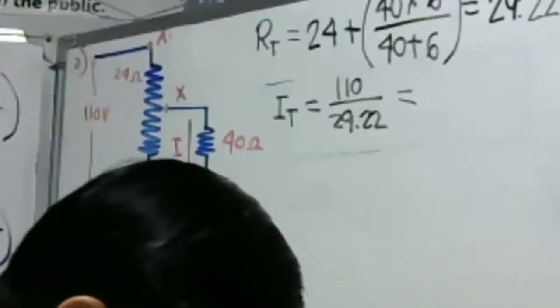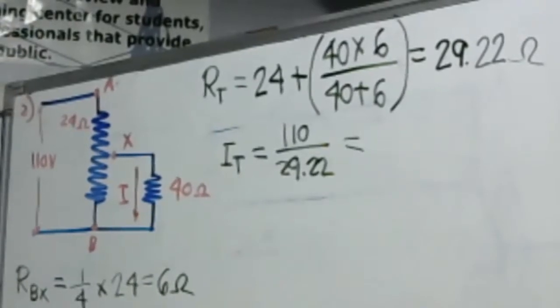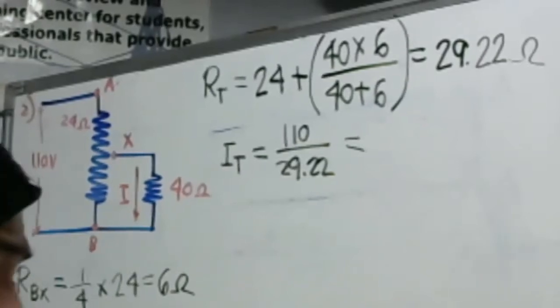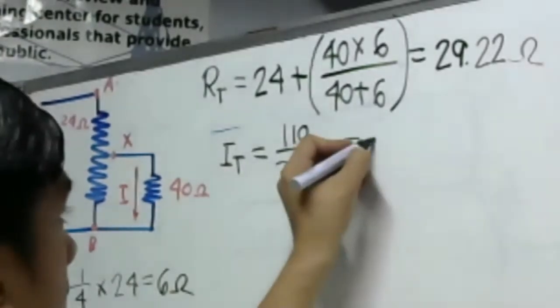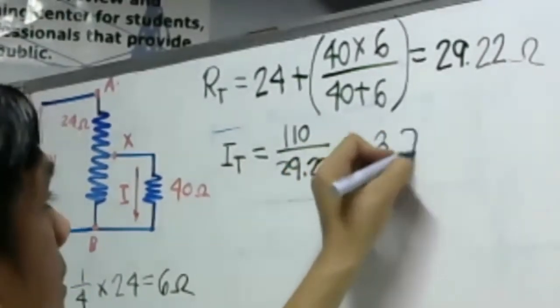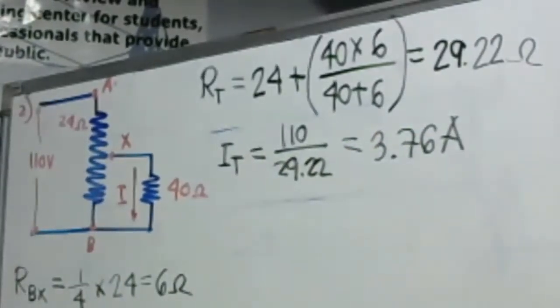So how much is this? We have 110 divided by 29.22. So the answer is 3.76 amperes. That is our total current.